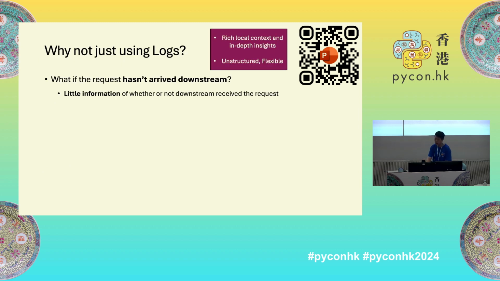Okay, so we have talked about distributed trace, logs, and metrics. Let's talk about why not just use logs, because I think most of us have been using logs. Even in JavaScript we have console.log, which is actually print. But why do we not use only logs? When your request goes across different servers, what if the request doesn't arrive downstream? Maybe there's packet loss, or your downstream server actually denies that request.